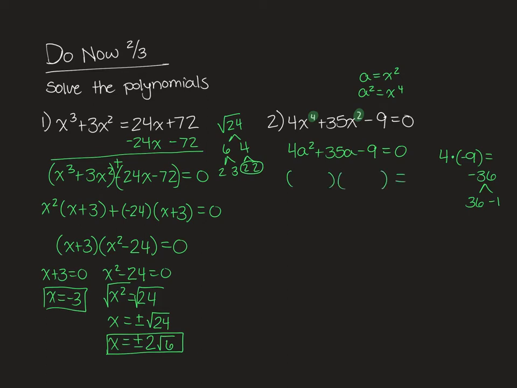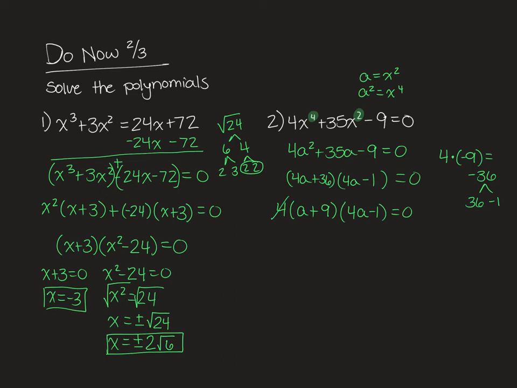So in your factored form, you need to put your Berry in with both factors, and then we need to factor out a Berry. So I'm going to take it out of the first one, and that will give me a plus 9. And then 4a minus 1.